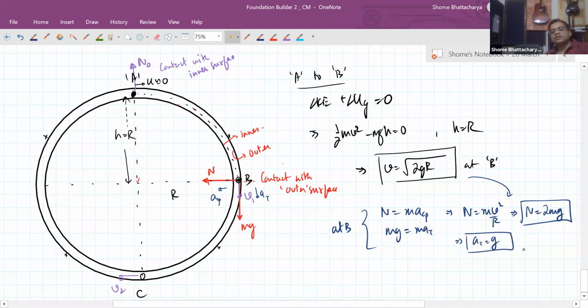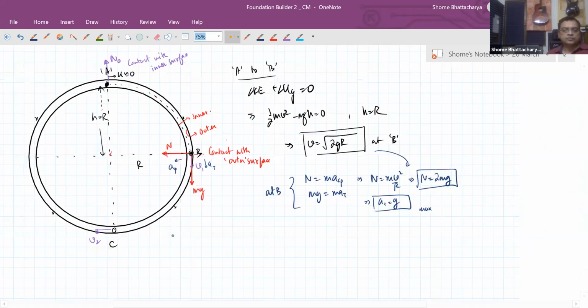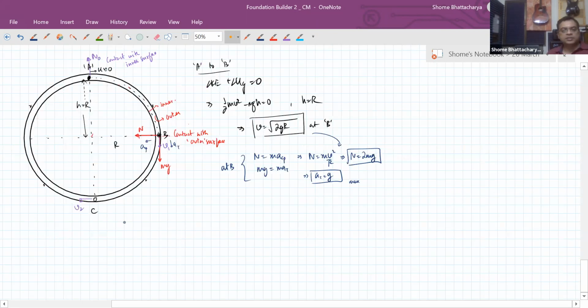So notice one thing, that this is the maximum tangential acceleration. Whereas by the time you come to C, for A to C, the vertical displacement is 2r. So V becomes square root of 4gr, or 2 times root gr at C.